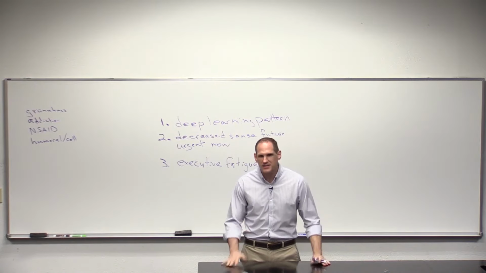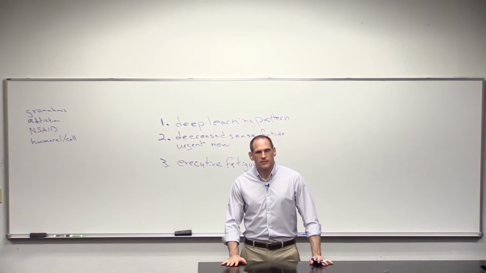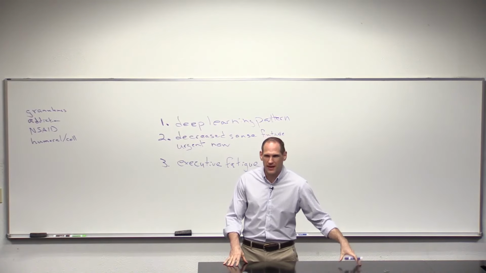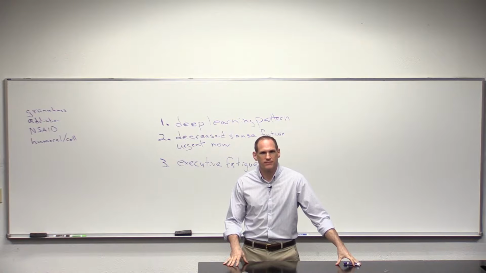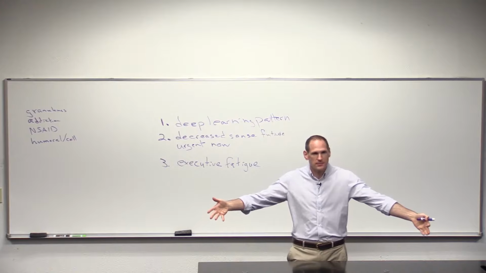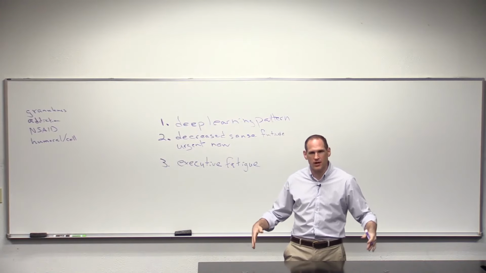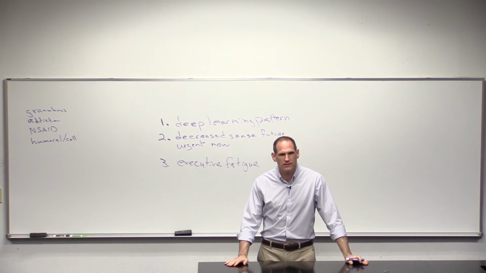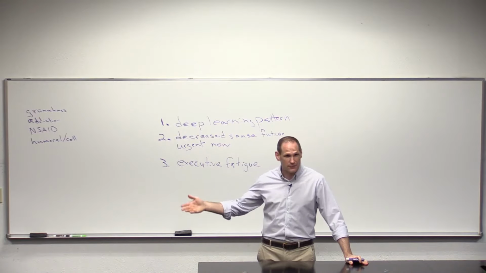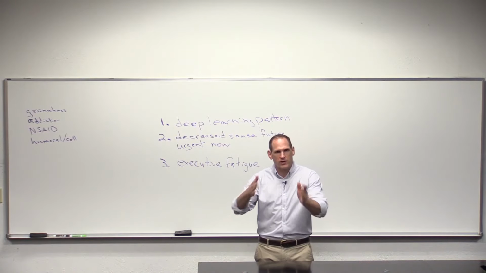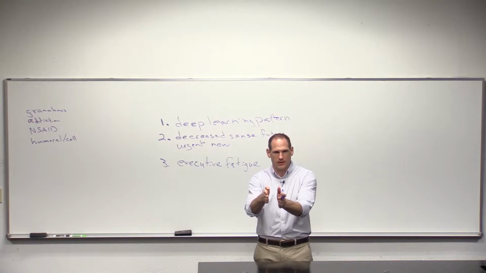Well, AA is an abject failure. 95% of the people who go through AA, guess what? They're not helped. Now, the 5% that do get helped, you know what they say? AA saved my life. This is the best thing ever. But what you're hearing from is a very small minority.